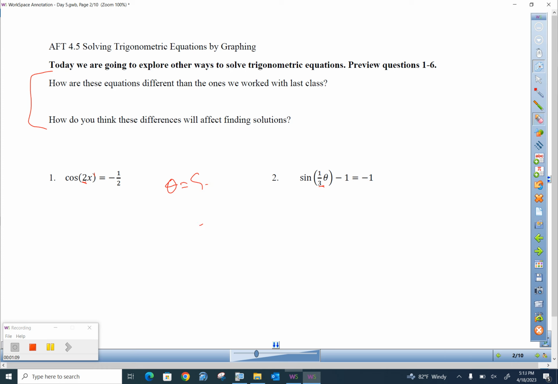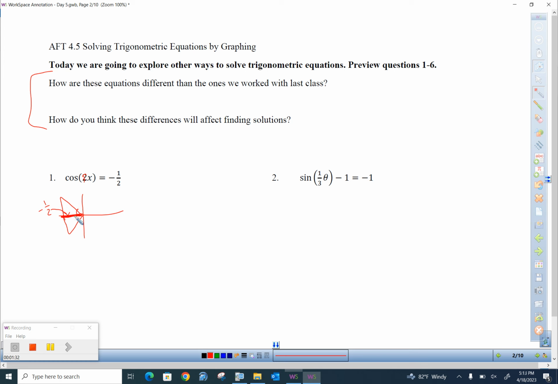Okay, so we're going to do this first one kind of as a review of last time. We'll do it algebraically and then talk about those changes. So if this 2 weren't there, we would draw this in quadrant 2 and quadrant 3, because that's where cosine can be -1/2. And in this case, it's one of our nice triangles because we're used to seeing 1/2 on our special right triangle of 30, 60, 90.